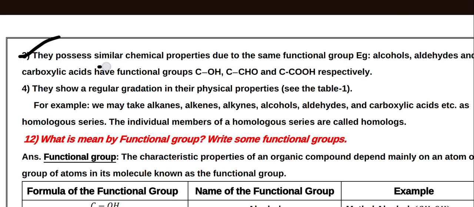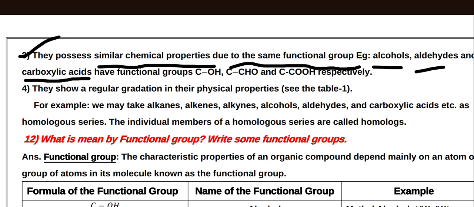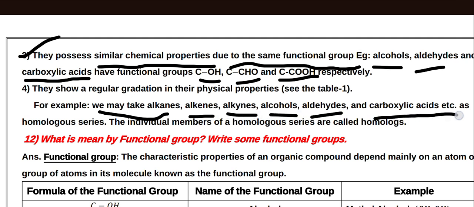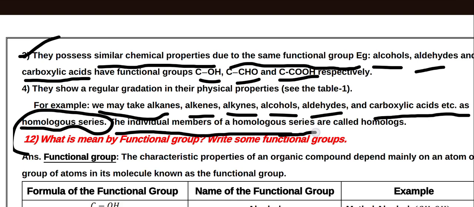They possess similar chemical properties due to the same functional group. Examples: alcohols, aldehydes, and carboxylic acids, with functional groups OH, CHO, COOH. So we may take alkanes, alkynes, alcohols, aldehydes, and carboxylic acids as homologous series. The individual members of a homologous series are called homologs.